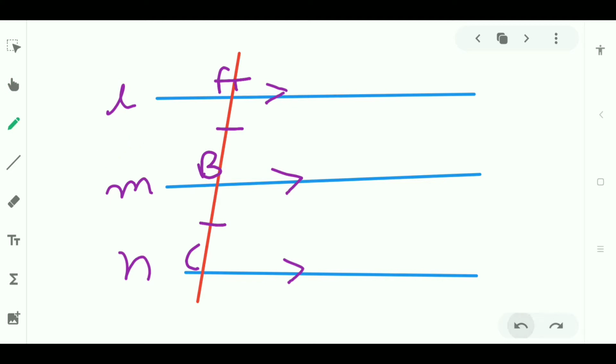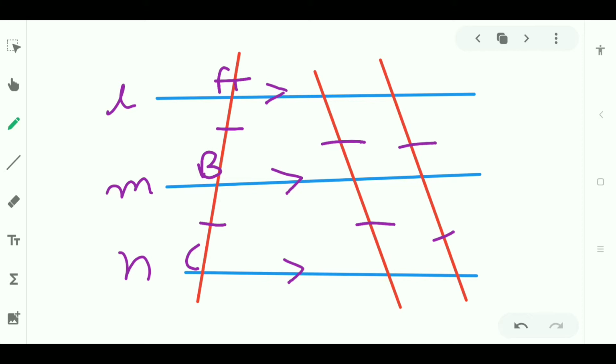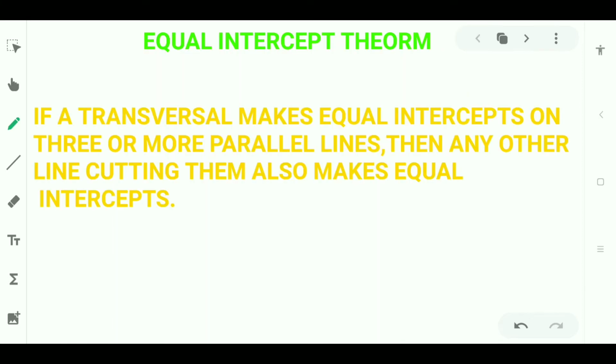And if any one line makes equal intercepts, then any other line passing through them also makes equal intercepts. That is what is given in the theorem.